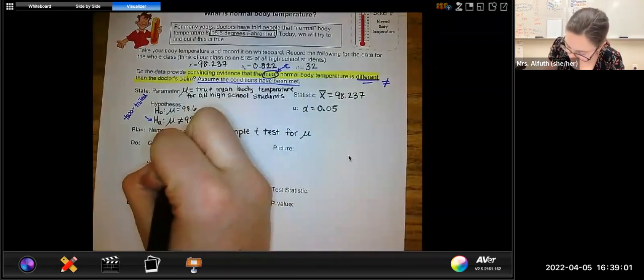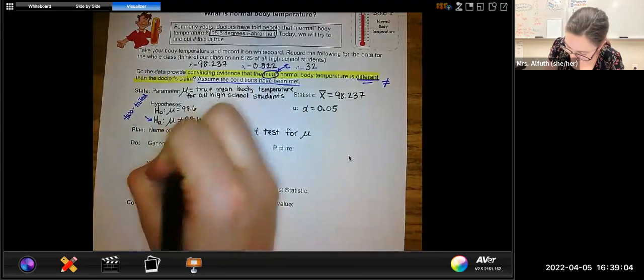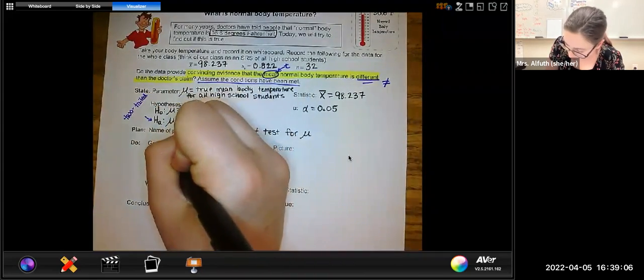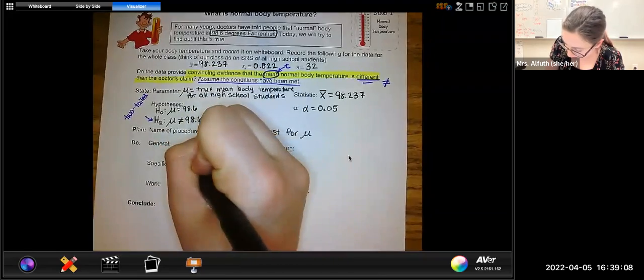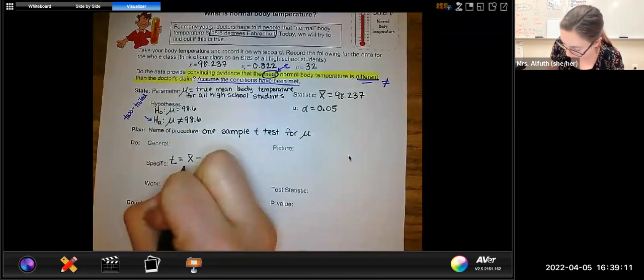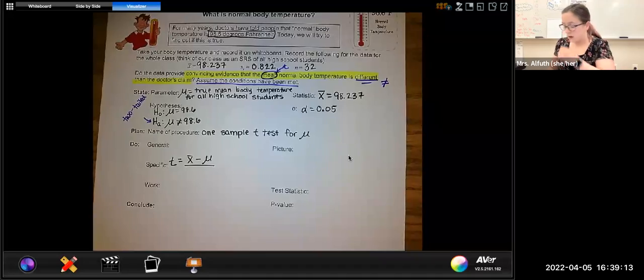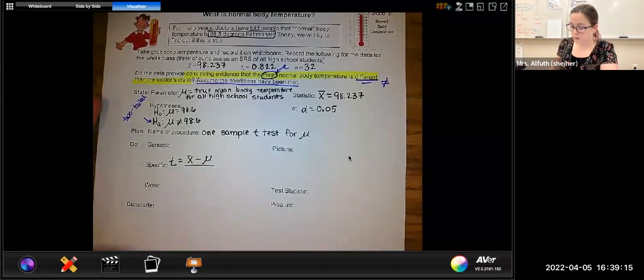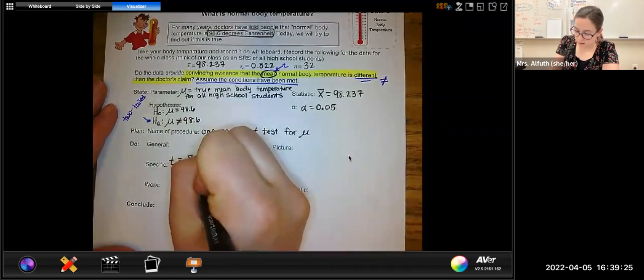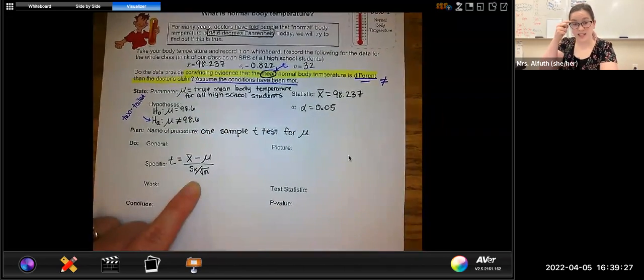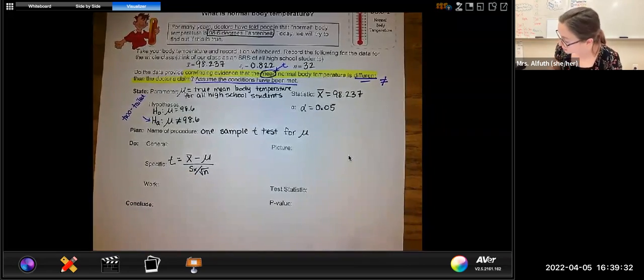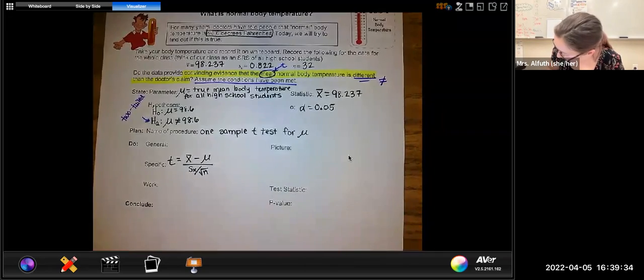So the general formula is where we're going to do our test statistic, right? That's going to be T equals x bar minus mu, divided by the standard error, which is s divided by the square root of n. We haven't calculated the standard deviation of the sampling distribution yet, so we're going to calculate that here.